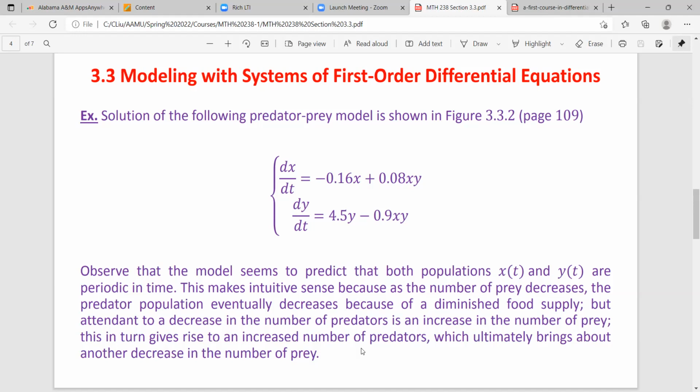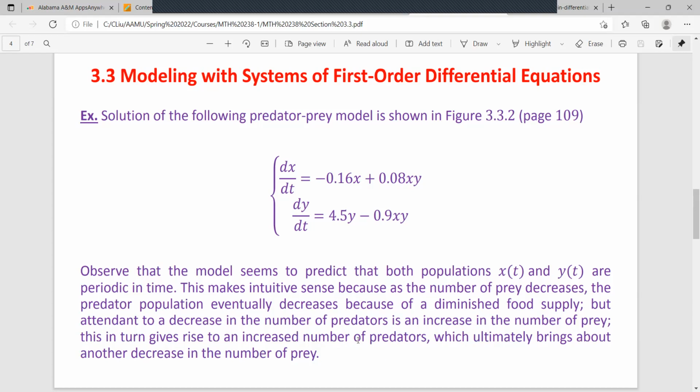also after some time. But once again, the increase will not be in pace with the increase of the rabbits. There's a time delay. So you can see the population of the foxes also decreases first and then increases. And this ultimately brings about another decrease in the number of prey.